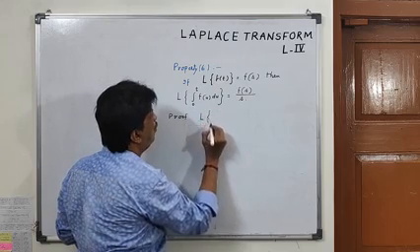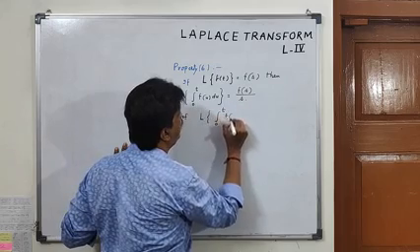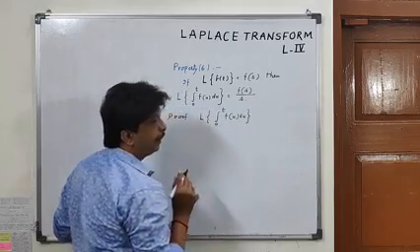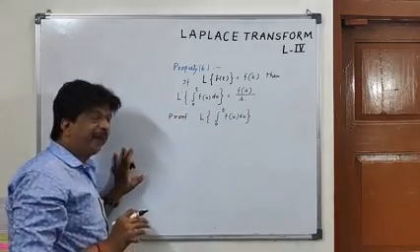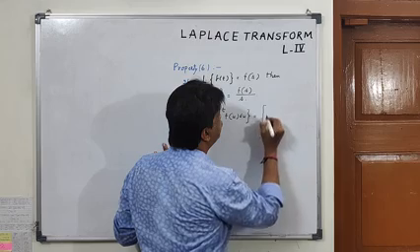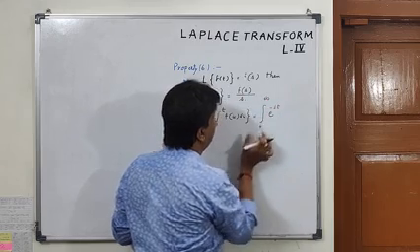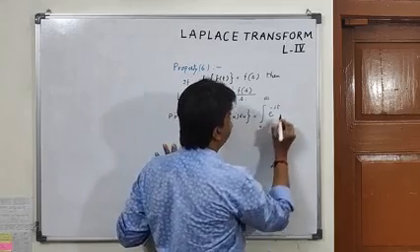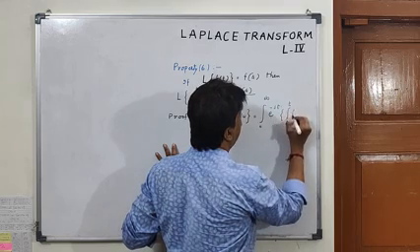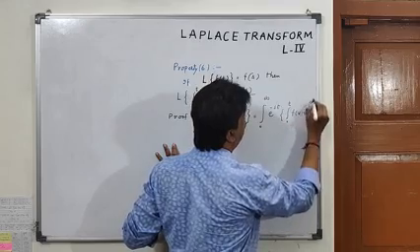Laplace transform of integral 0 to t f of u du, by definition it is equal to integral 0 to infinity e raised to power minus st into this function, integral 0 to t f of u du dt.